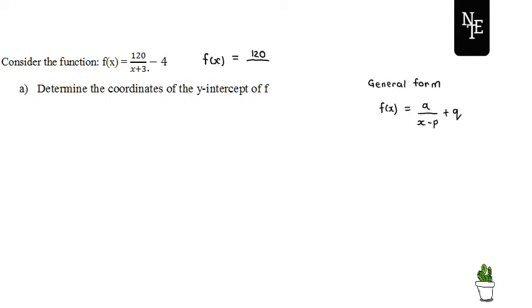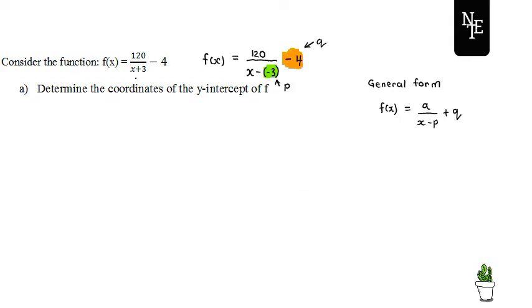So then we have to write this as x minus negative 3, and then we still have that minus 4. So from there, we can see that our p value is negative 3. So this is the value of q, and that is the value of p.